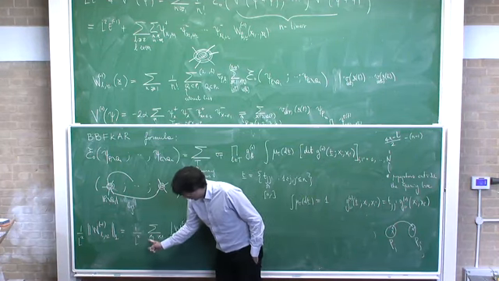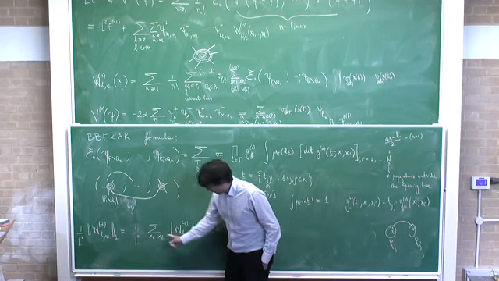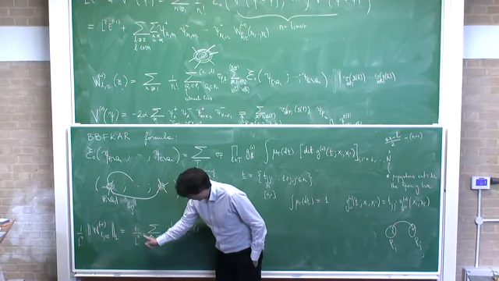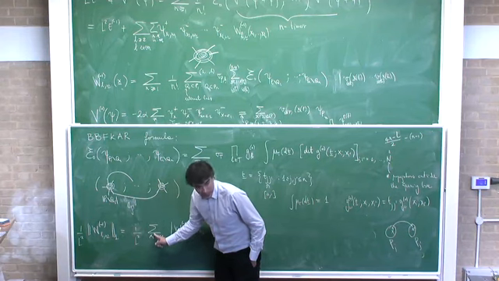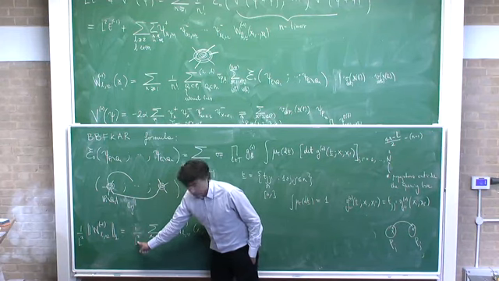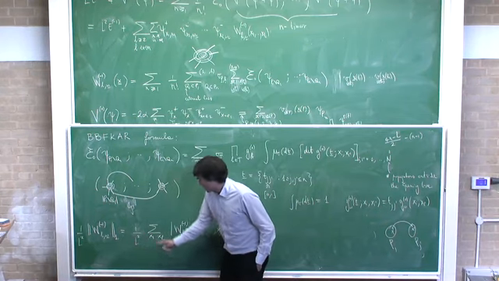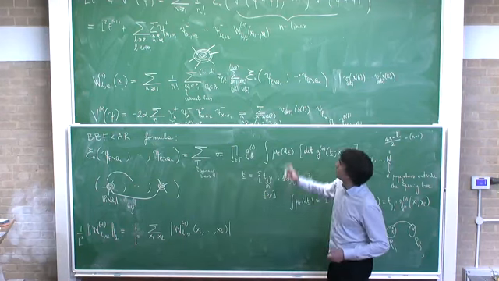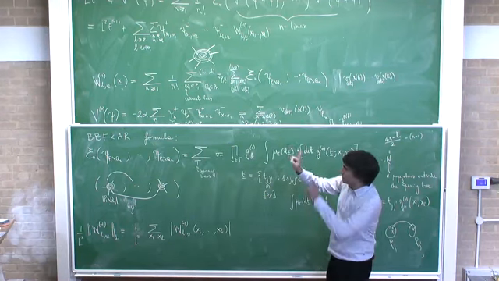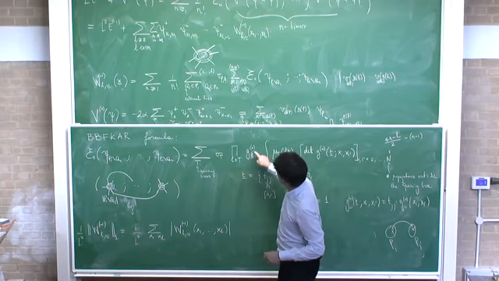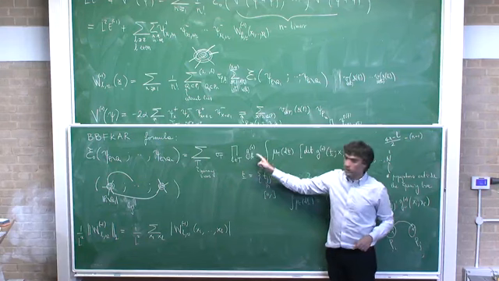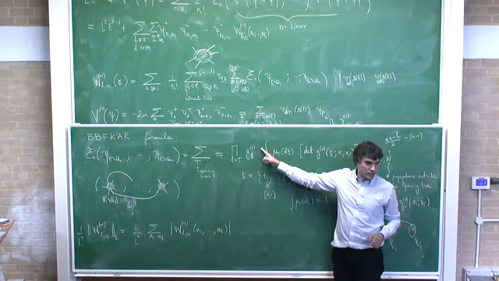Here you have a translational invariant object, so you can use translation invariance to set one of these guys to 0 and compensate the L squared. Then the sum over all the other guys can be thought of as sums over the differences, essentially the differences appearing as arguments of the propagators along the spanning tree.